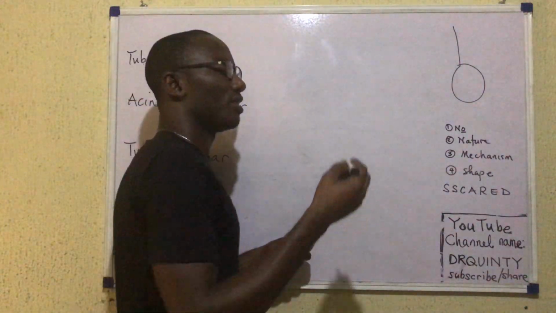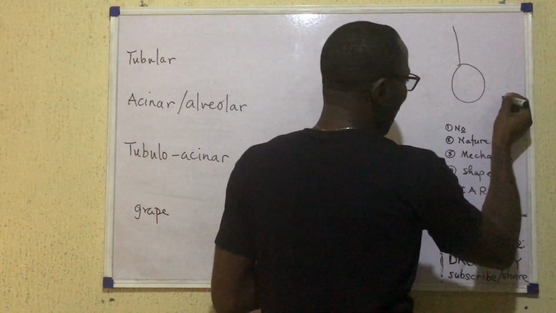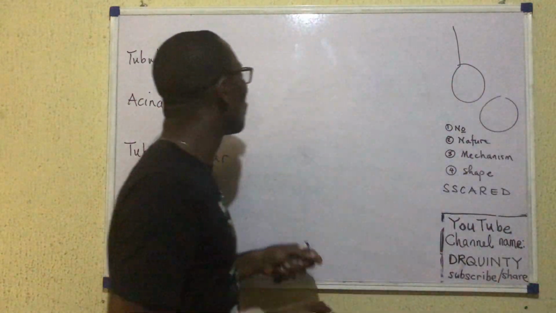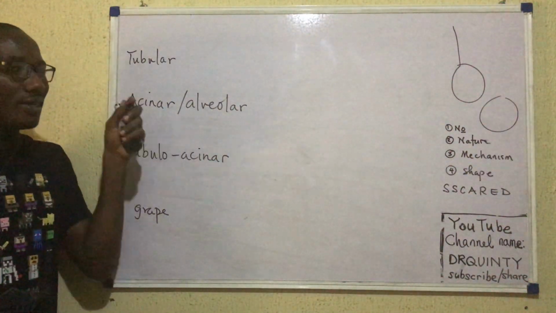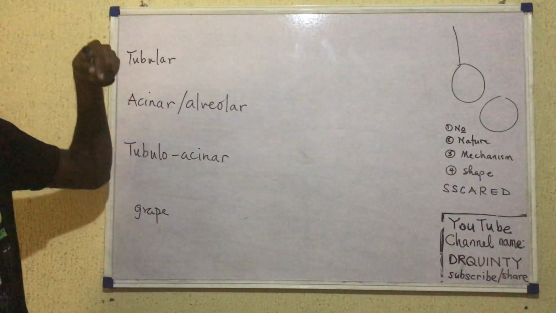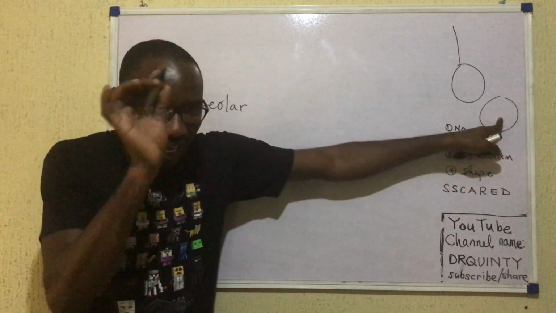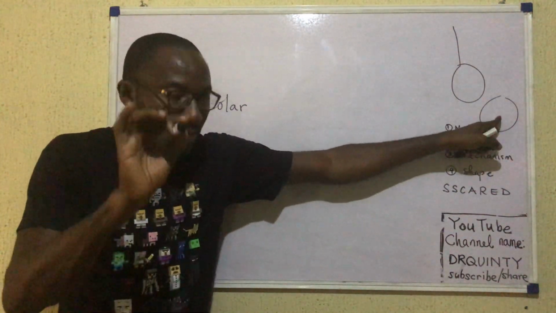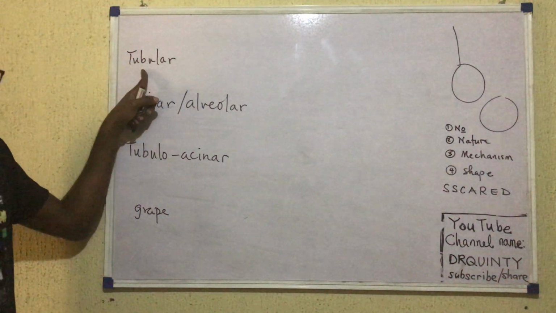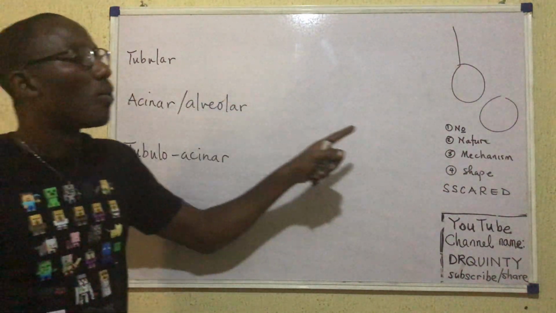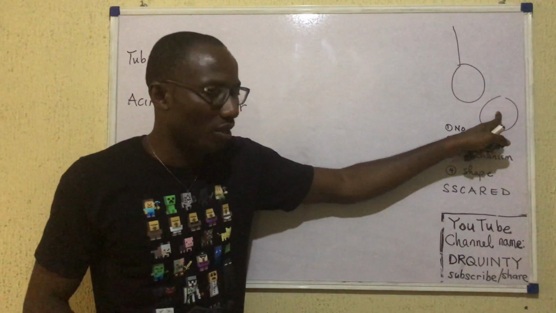Alveolus, and alveolus is a sac. So even in the lungs, we have alveoli like that. So acinar glands are those glands where the secretory unit is like a sac or like a grape. But tubular glands are those glands where the secretory unit is not like this.